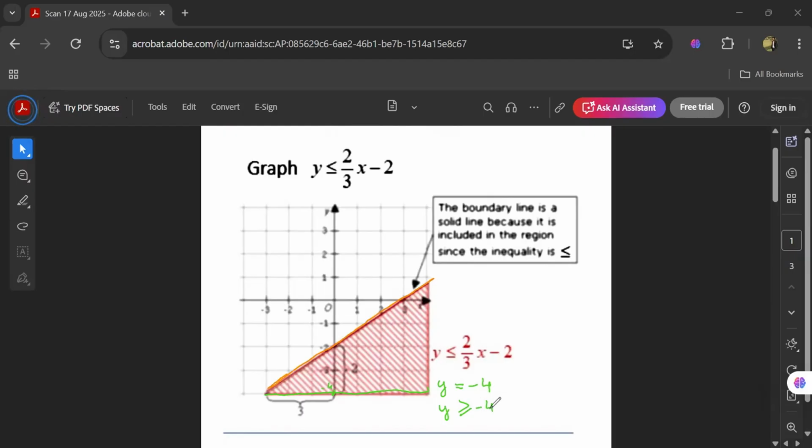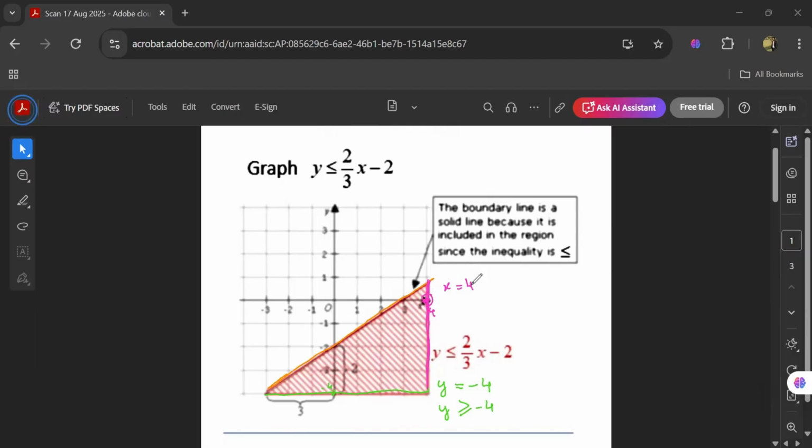Let's come to the third line. The third boundary, I am marking it with this pink. Third boundary of this triangle. Here it is intercepting at this point. This point is 4 on the x-axis. So the equation of this line will be x equal to 4. Remember, this is a vertical line.